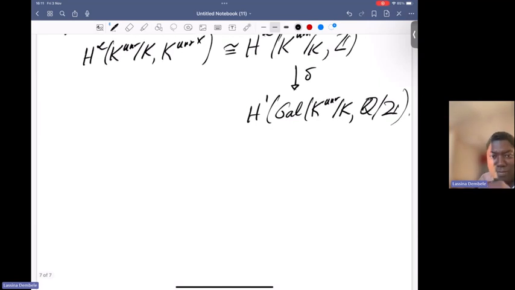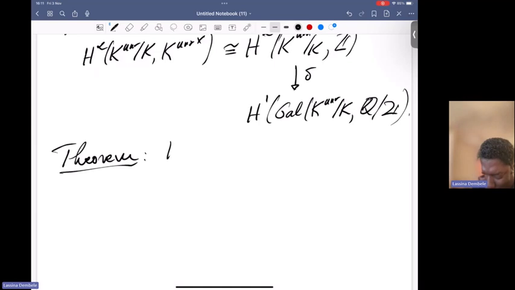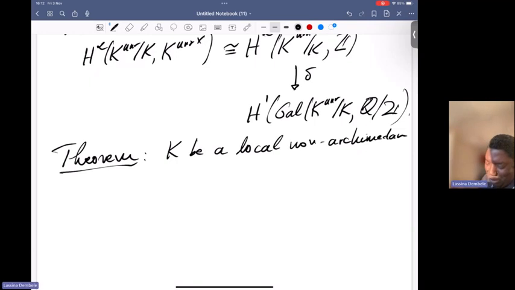And then the key thing that you get from this statement is the following theorem, which is what we call the local invariant. So if you let K be a local non-Archimedean field, okay, I think I put my adjective in the wrong order, a local non-Archimedean field, then there is an isomorphism.